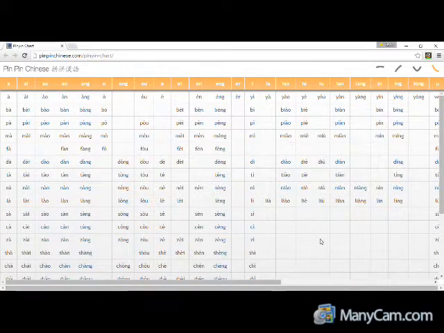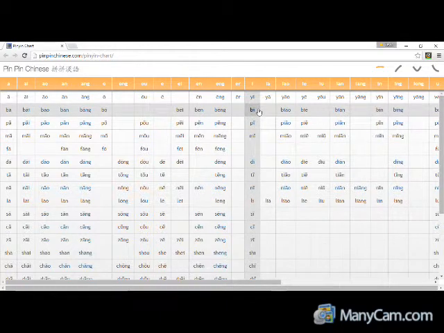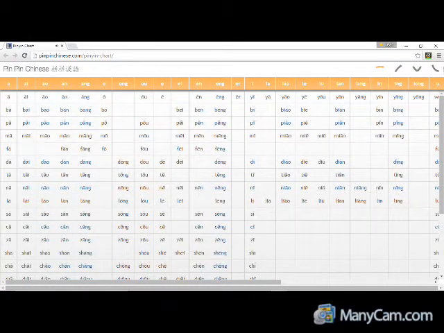There are a lot of dialects in mainland China, Mandarin. Some of them are used in certain dialects, some of them are not. So I wouldn't bother memorizing this. But if you want to know how it should sound, just click it and you can actually hear it.